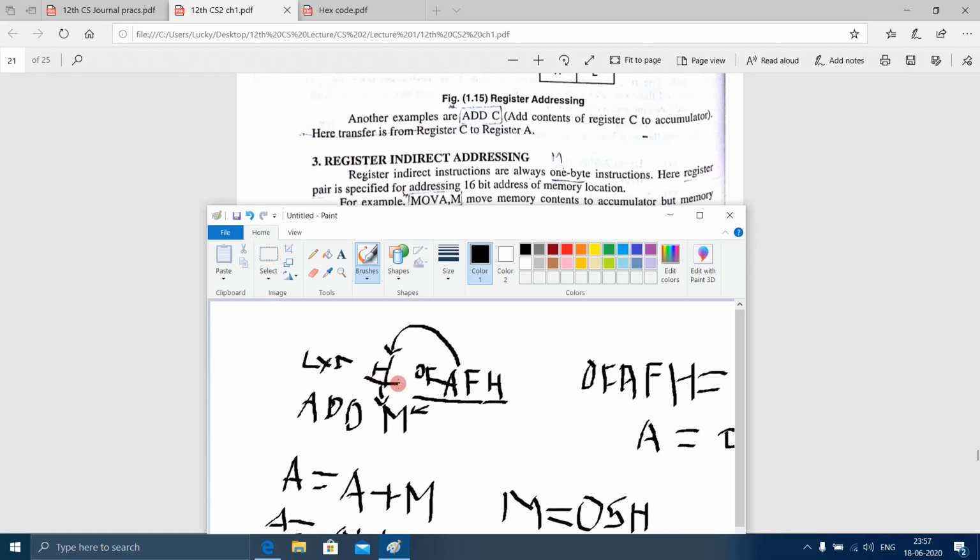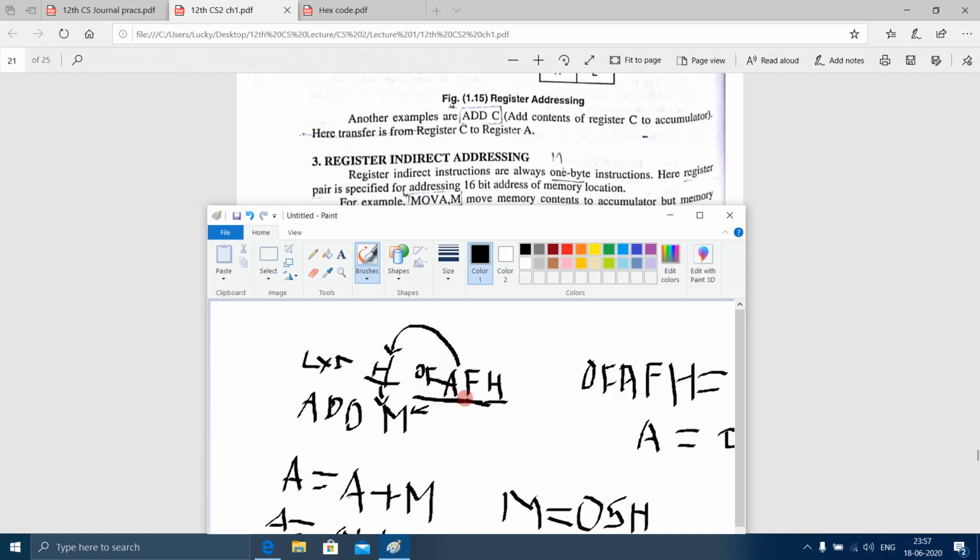This register pair is specified for addressing a 16-bit address of a memory location, because this is an address. This HL pair is specified for addressing the 16-bit address of a memory location.